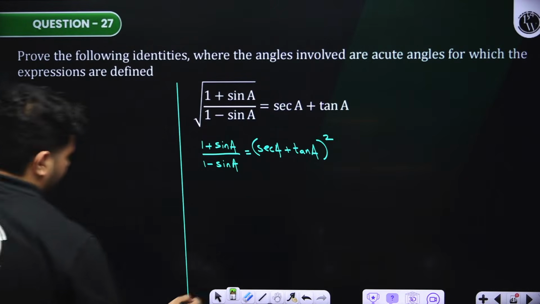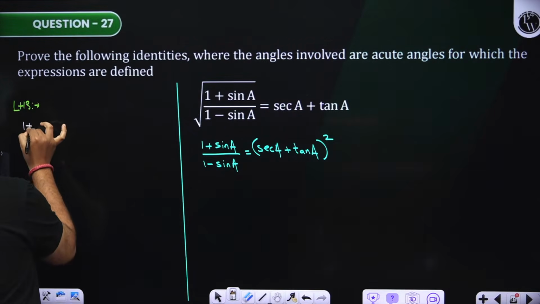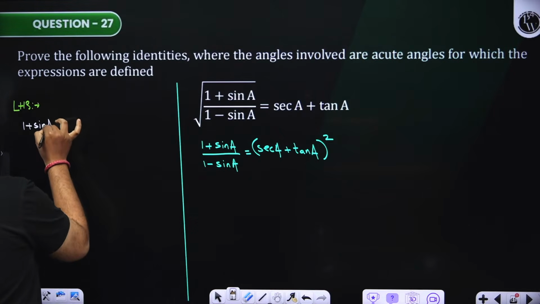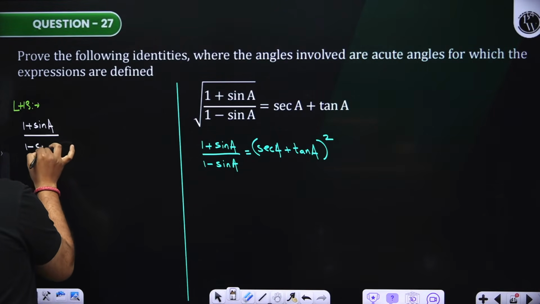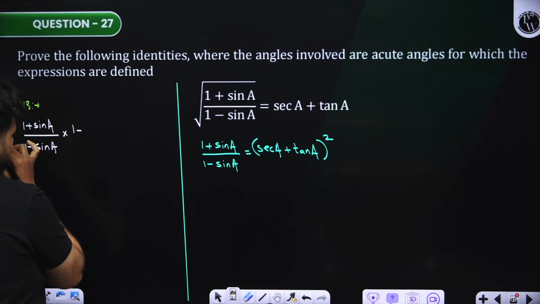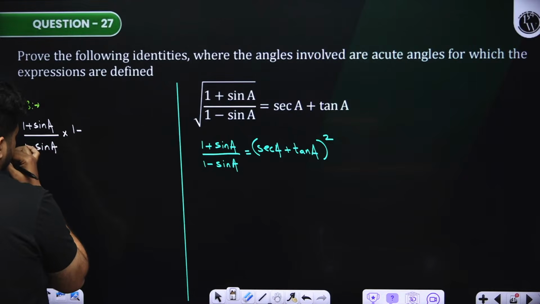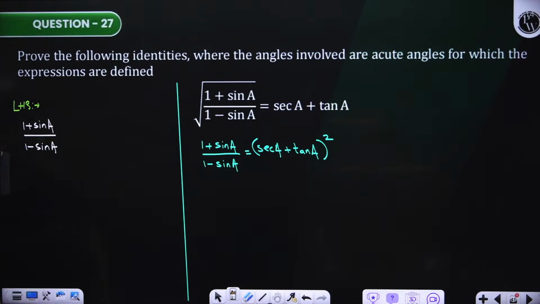So here what do we have now? Here we have 1 plus sin A by 1 minus sin A multiplied by something.